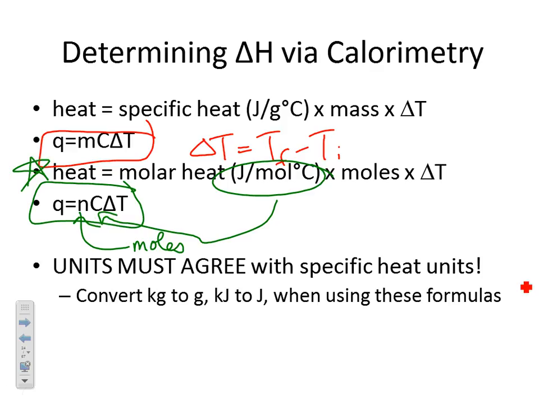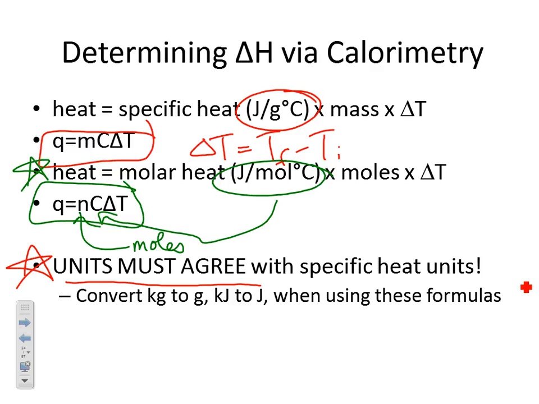Now, a big thing that we have to be aware of whenever we're using either of these formulas: units have to agree. Units have to agree, meaning you are mandated essentially by the unit for specific heat and molar heat. If you're using specific heat, you have to have heat in joules, mass in grams, and temperature in degrees Celsius, which is not really going to be problematic for us.